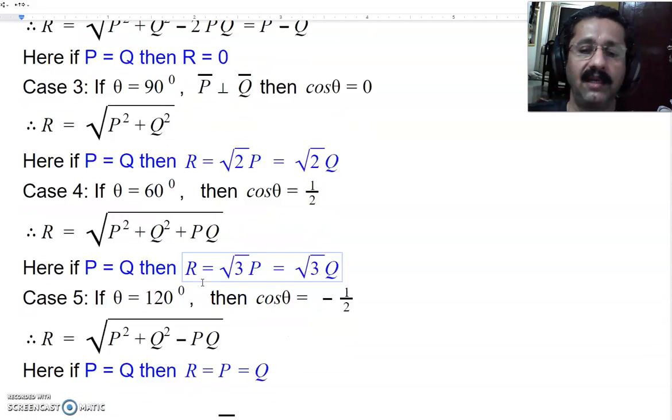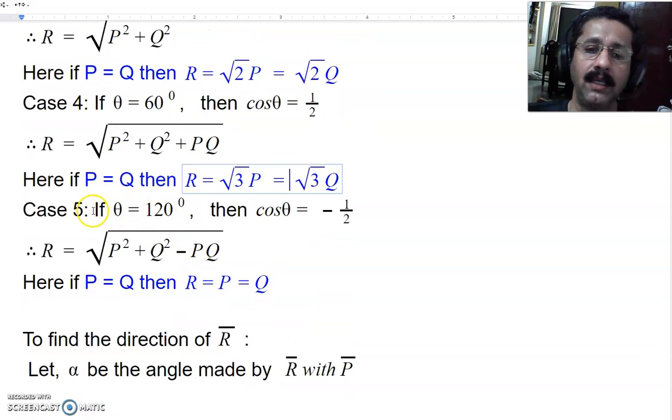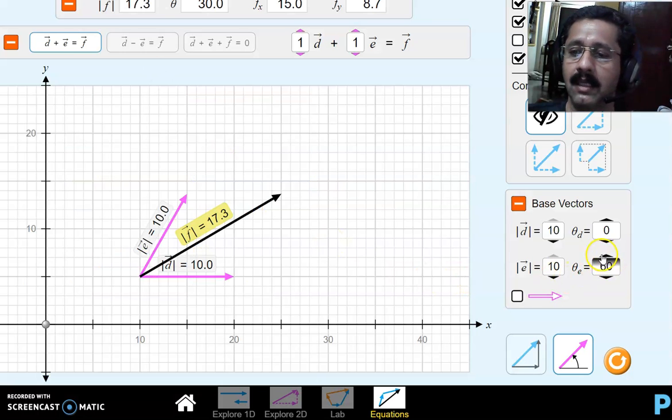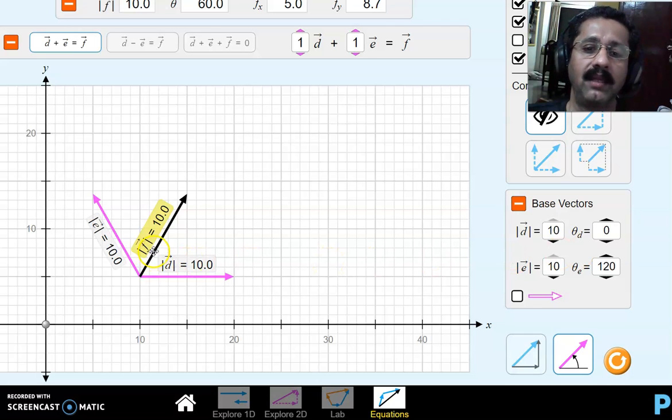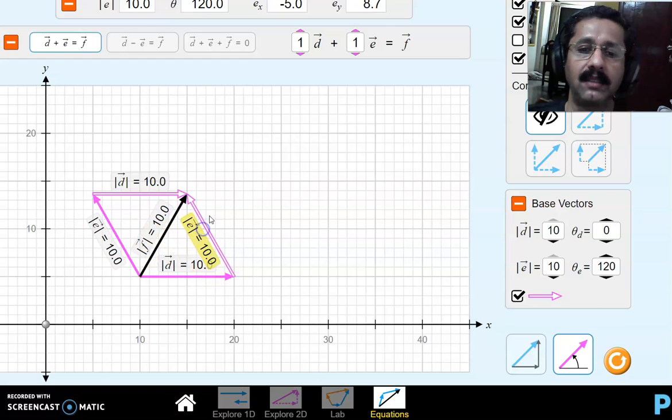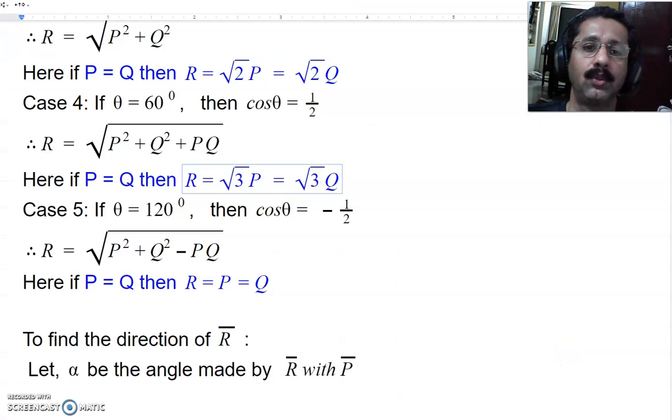Whereas if theta is equal to 120 degrees and they are both equal in magnitude, in such a case the addition is equal to each vector. If I take theta equal to 120 degrees, I find that the resultant is also equal to 10. You can take the vectors and try to see that the vector law of parallelogram is also matching. So that is what I wanted to show in this particular thing.